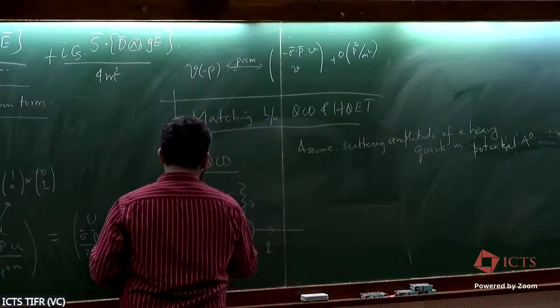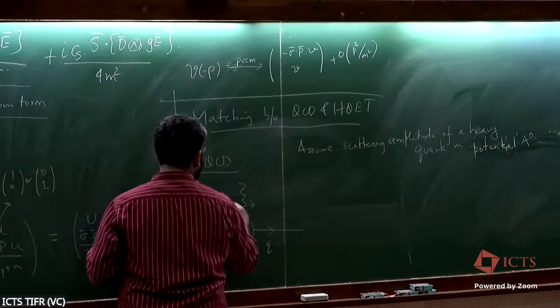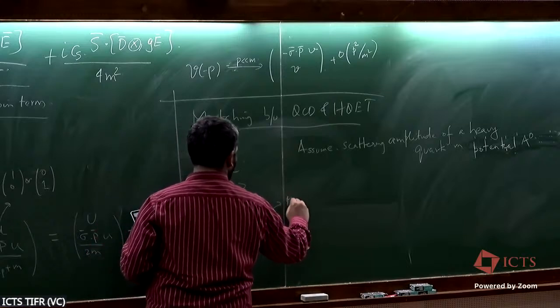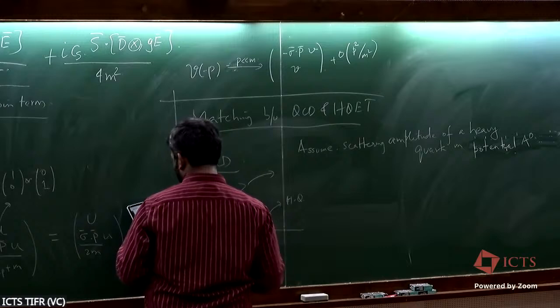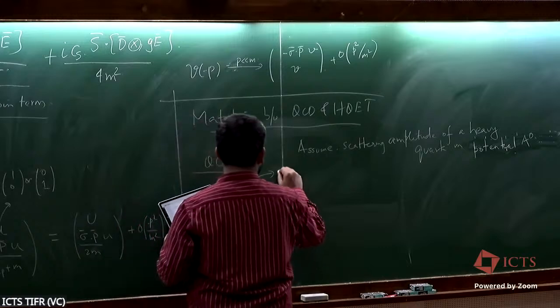So this is my heavy quark, this is my heavy quark outgoing, and this is my external potential A0.